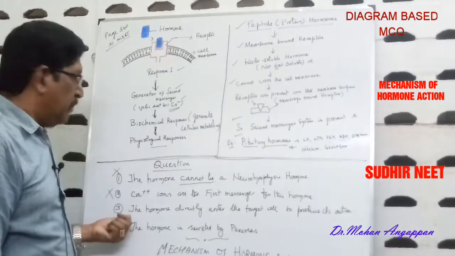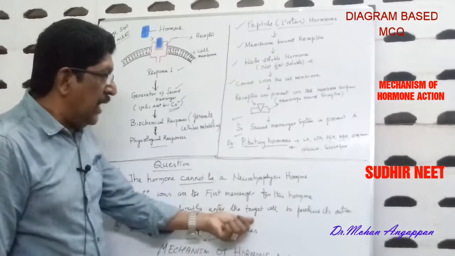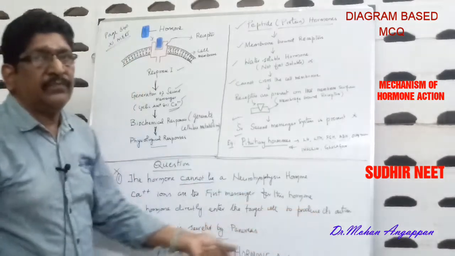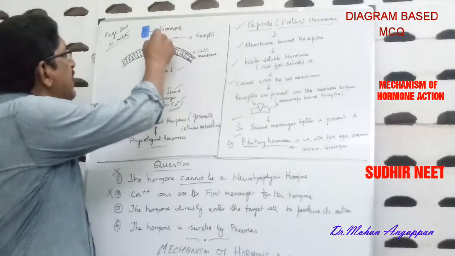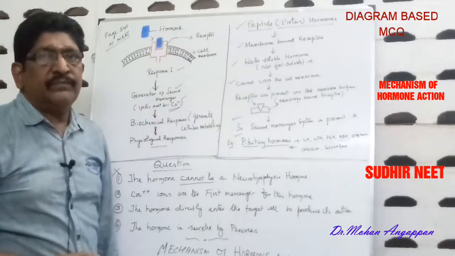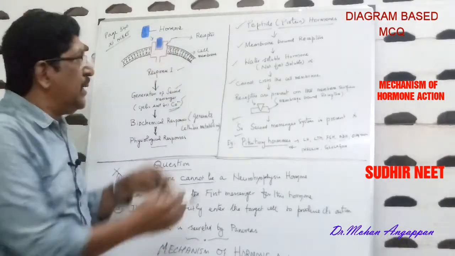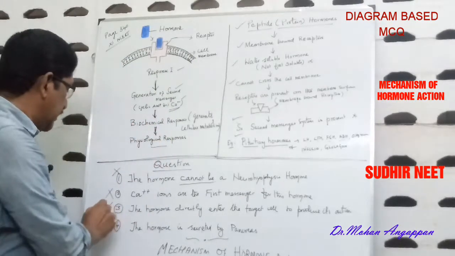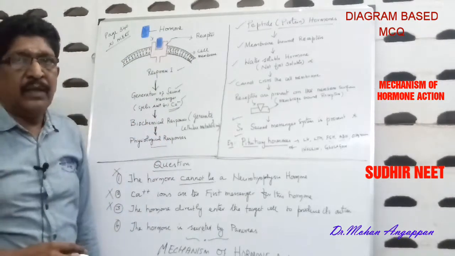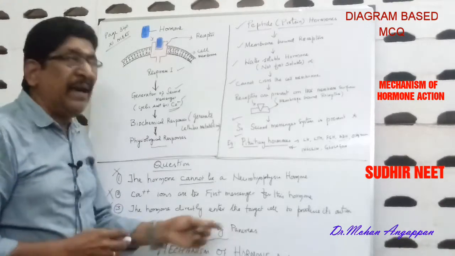Third option: the hormone directly enters the target cell to produce its action. Here the hormone cannot enter the cell directly because it has a membrane-bound receptor. It forms a complex on the membrane-bound receptor and then it enters the cell. So this third option is also wrong. The fourth option: the hormone is secreted by pancreas.